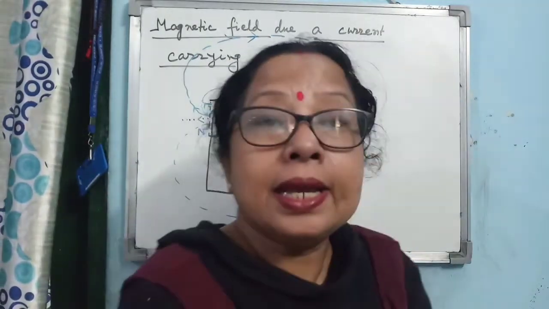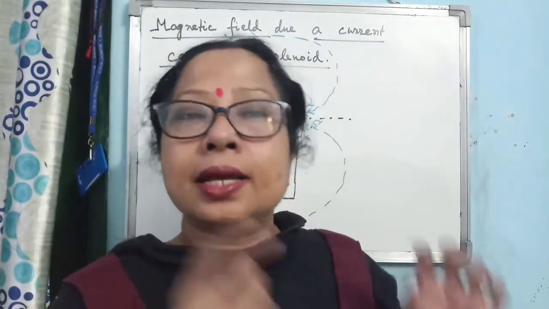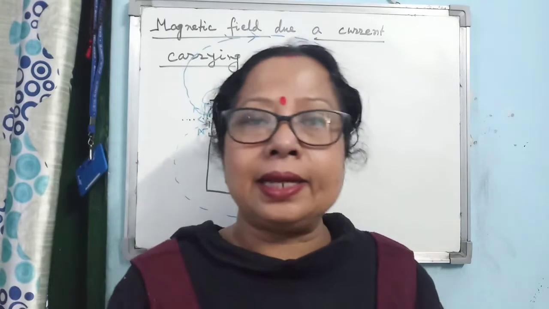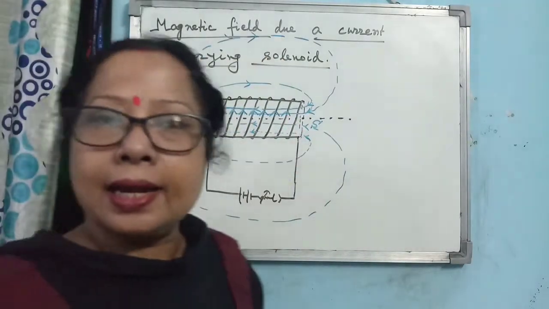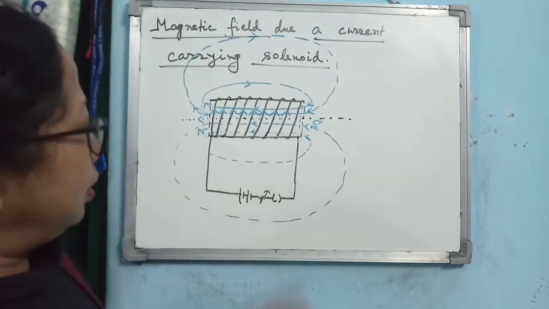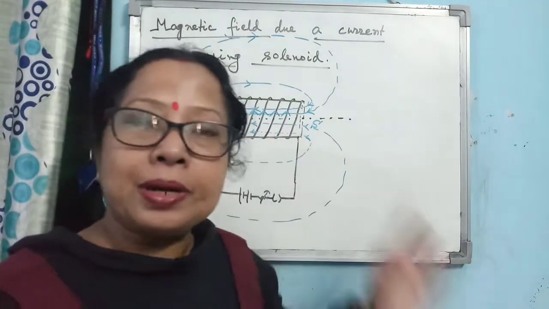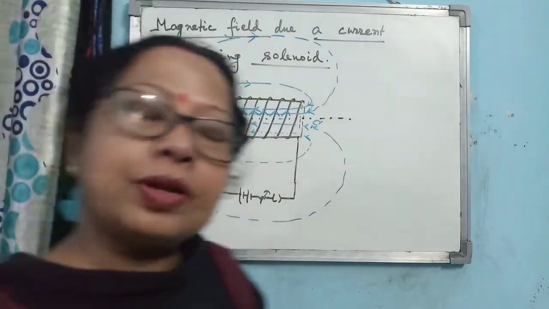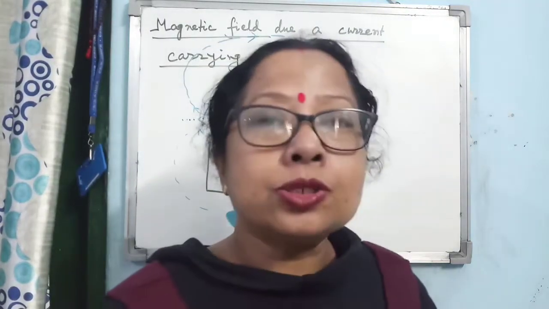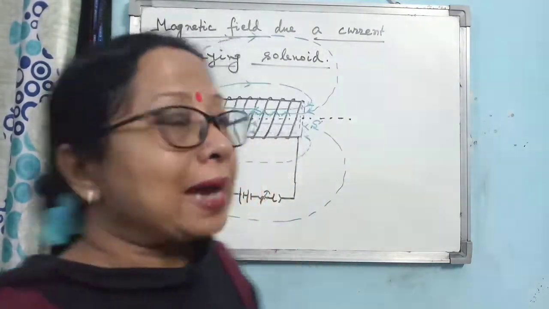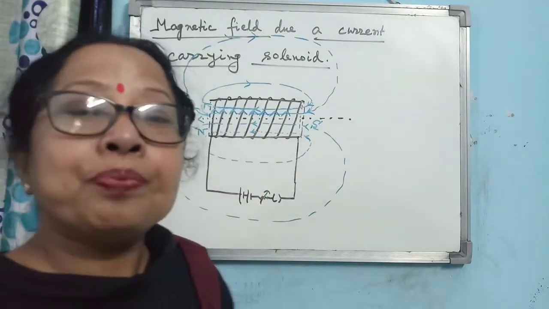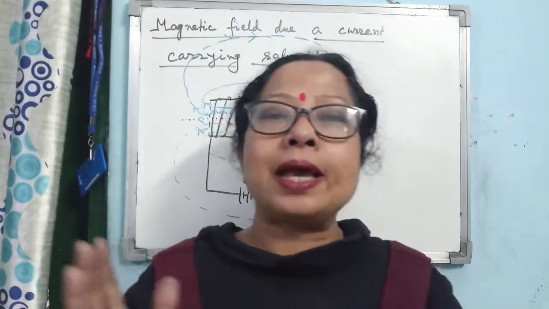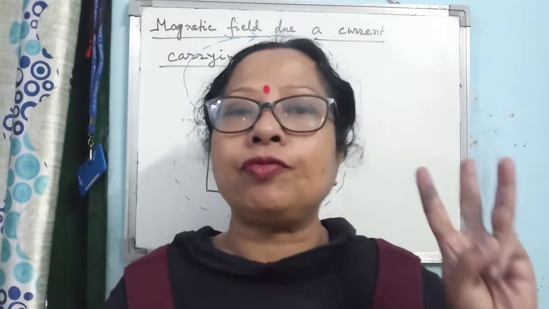When you use soft iron, what will happen? Due to an important property, the magnetic permeability of soft iron is much higher. So you will observe that the magnetic field produced by the solenoid increases. So the magnetic field produced by a solenoid depends on three factors.